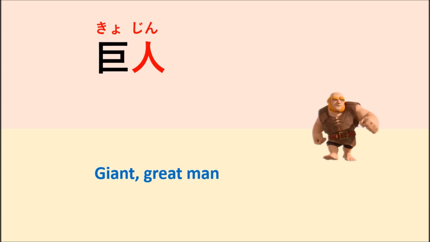Kyojin. Kyojin means giant or great man. Here you see that the kanji of kyo means great or big. When we put the kanji of kyo and the kanji of hito together, it means the great man, kyojin.